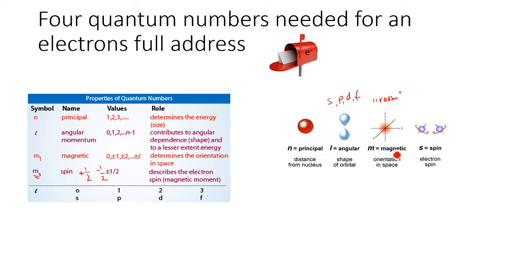That's what the magnetic number does. And now we know that once we're inside of an orbital, let's say we're inside of an s orbital, which is a sphere, we can have 2 electrons in any orbital, and now we know that one electron is going to be spinning in one direction, and the other electron has to be spinning in the other. They have to have opposite spins.